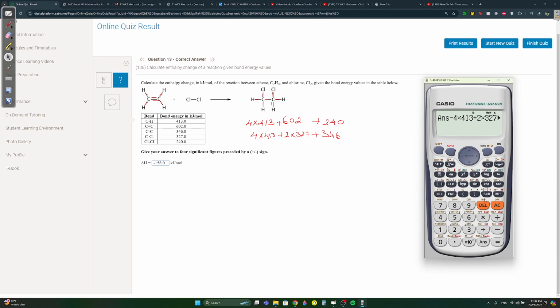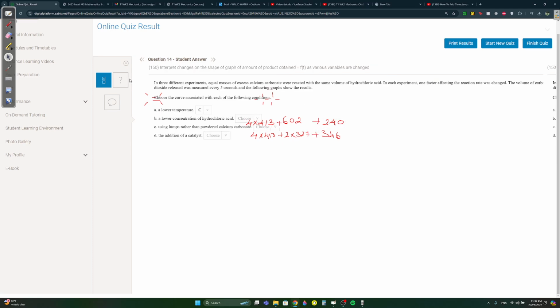Wait, hold up. Go back. Okay, yeah. 2494 minus 4 times 413 plus 2 times 327 plus 346, close bracket. Yeah, minus 158. Remember to put it in brackets. They want 4 SF, so put 0.0.